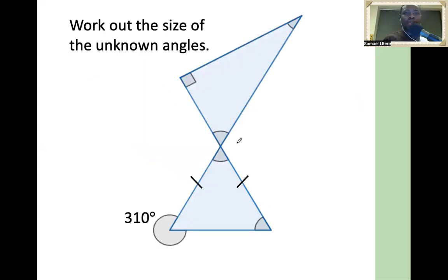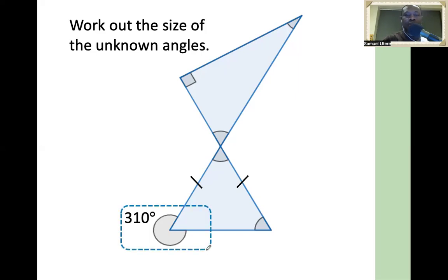Okay, what about this one? If we're asked to work out the size of the unknown angles, how do we start? Well, the only number we're given here is 310 degrees. But what do we know about the sum of angles at a point?